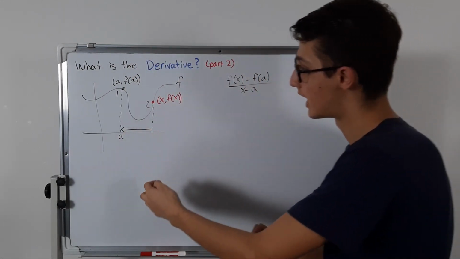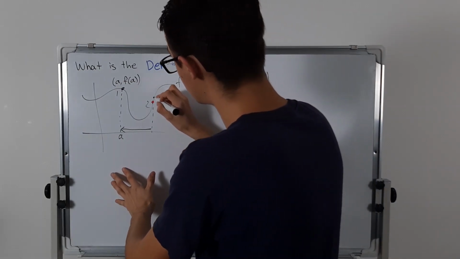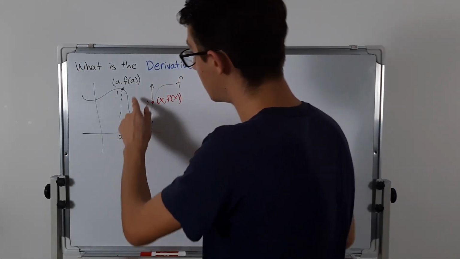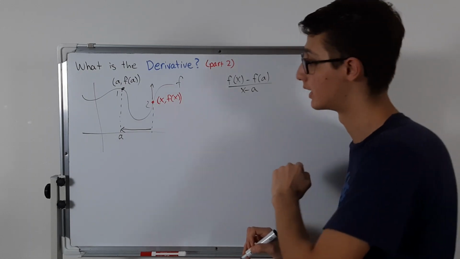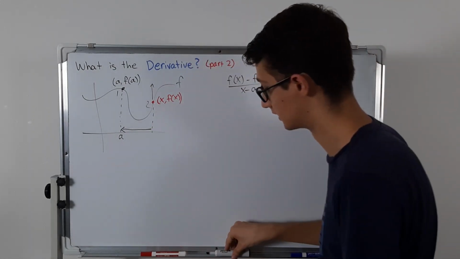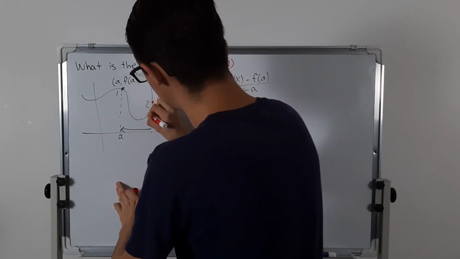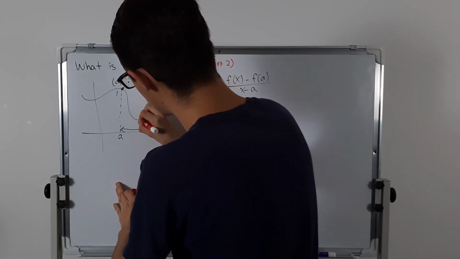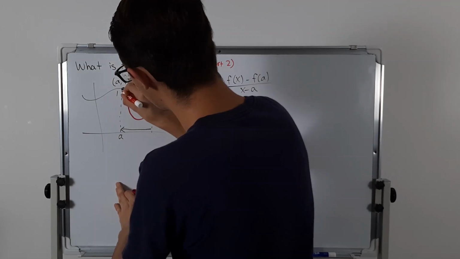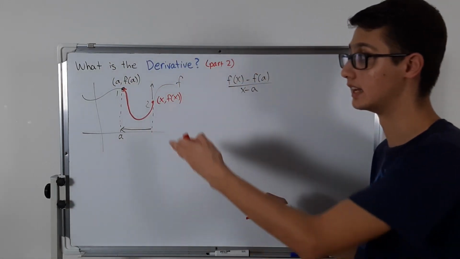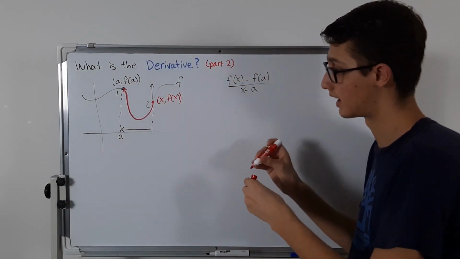By doing that, I'm also moving the f of x value so that it goes up to the level of f of a. By doing both of those actions, we are moving this point all the way there until it hits our desired point, a comma f of a.